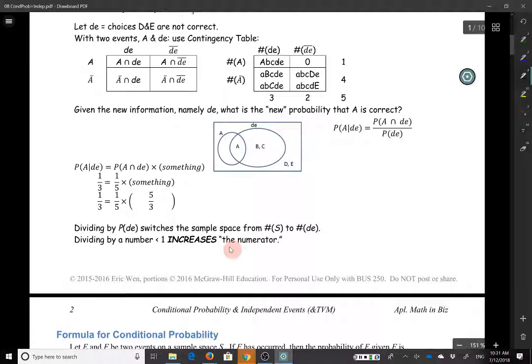Well, if you look at something like this, the probability of A given that DE is true, in a certain sense, what you're doing is you're chopping off this part.